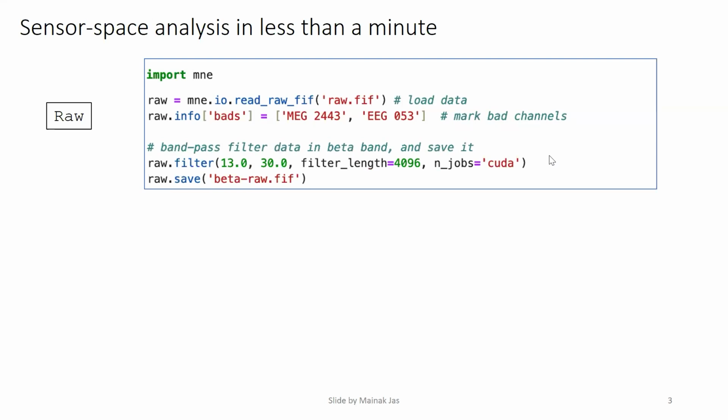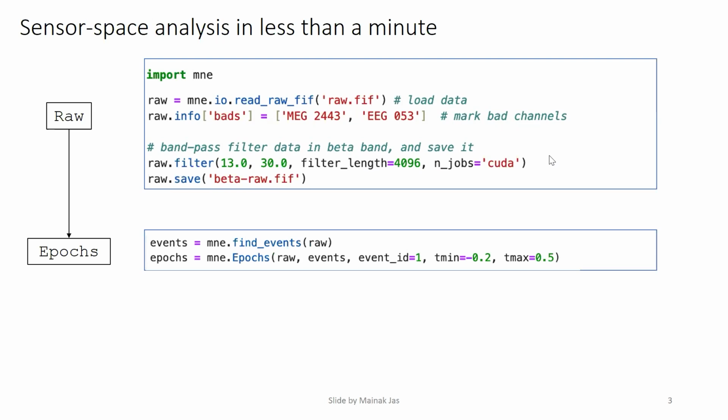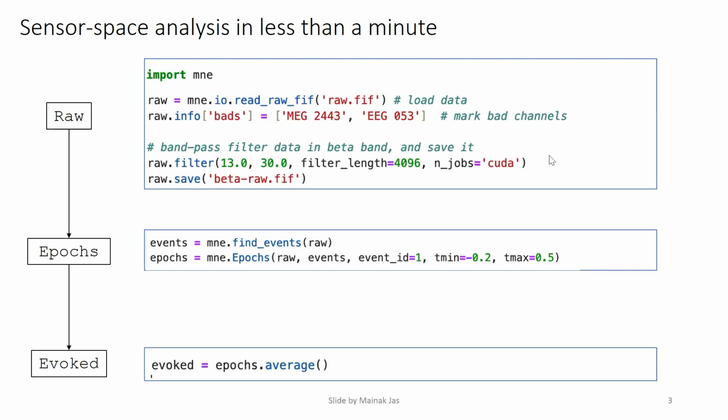And then you can save it and manipulate it how you like. Then you can do some pre-processing if you like, and then you extract the epochs. It's all a couple of lines of code. And then you average it to get evoked responses. So this is how you would do sensor space analysis in MNE-Python.